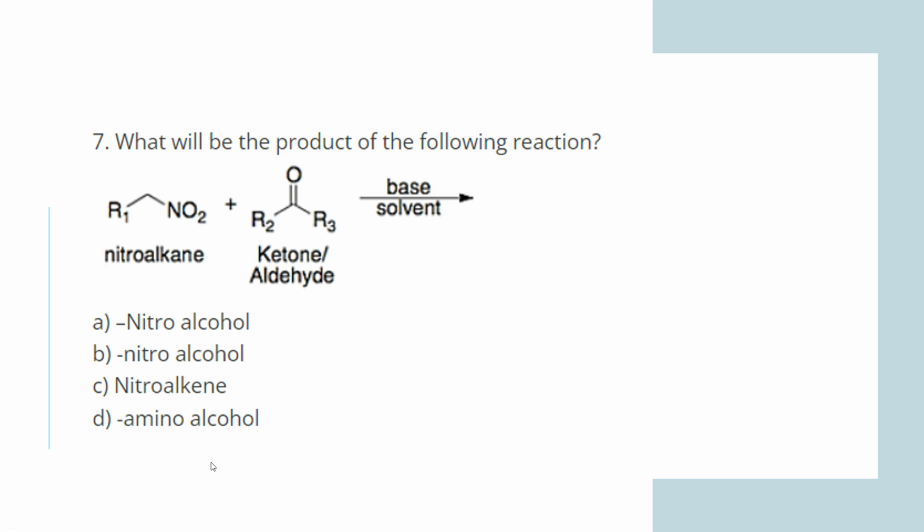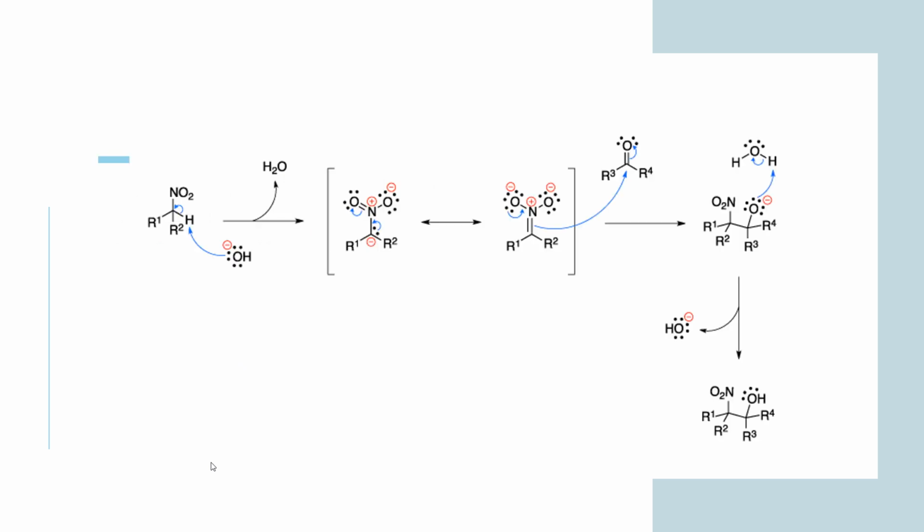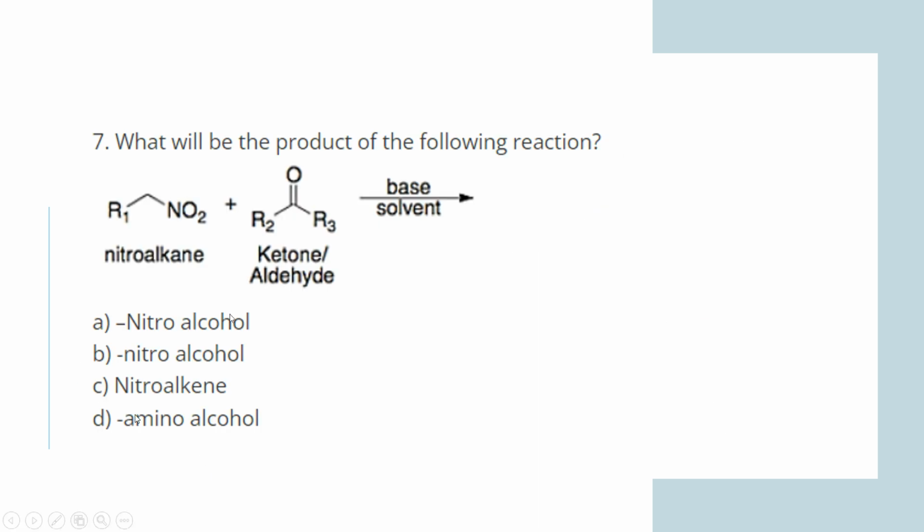To know the product, let us go step by step through how the mechanism goes. This particular reaction that is given in the question is called the Henry reaction. This is also a type of condensation reaction.